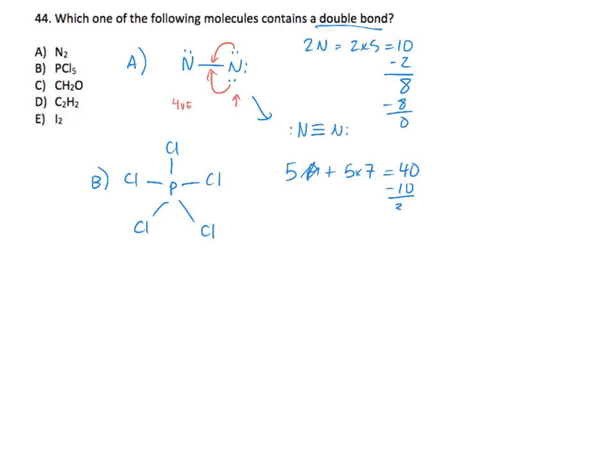We subtract that from our total, which leaves 30. We use the 30 to fill up the outer octets, so we can go 2, 4, 6, 8, 10, 12, 14, 16, 18, 20, 22, 24, 26, 28, 30. We're all out. Every atom now has at least a full octet.